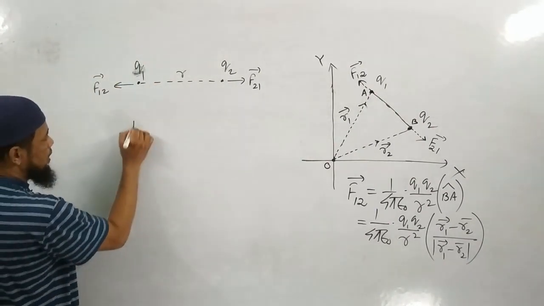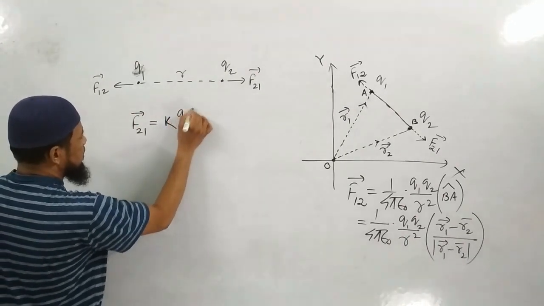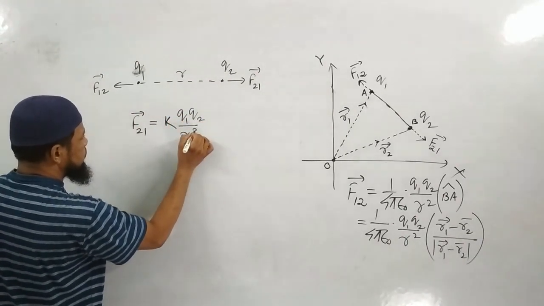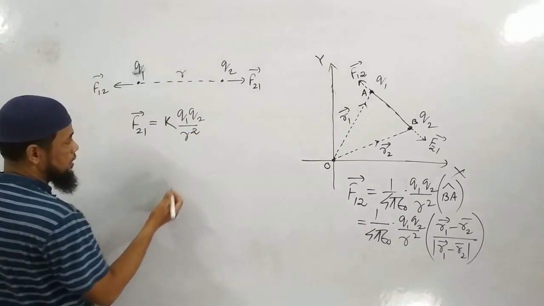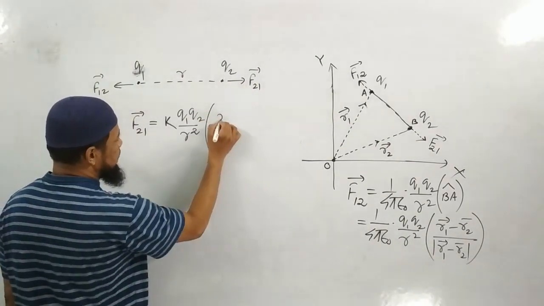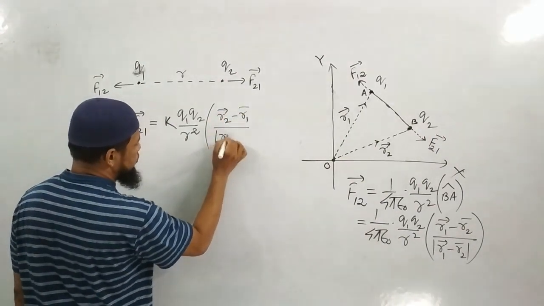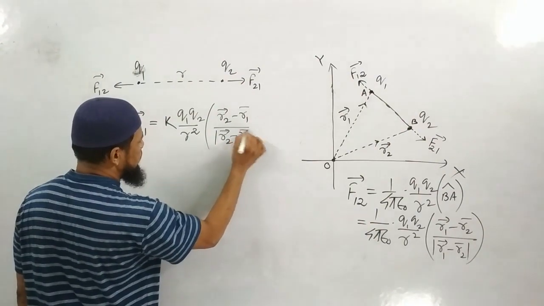Separation is R. So force on 2 by 1 is K Q1 Q2 by R square, times R21 cap, which means R2 bar minus R1 bar divided by modulus of R2 bar minus R1 bar.